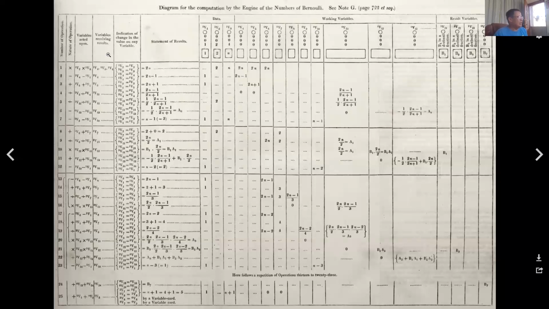So ganun sila mag-program. Do you follow? You have to show. In fact, we are going to demonstrate this in Excel. And then you have the resulting variables: variable 1, variable 2, variable 3, variable 21, 22, up to variable n. So mathematics was the main language. This is the Bernoulli series.